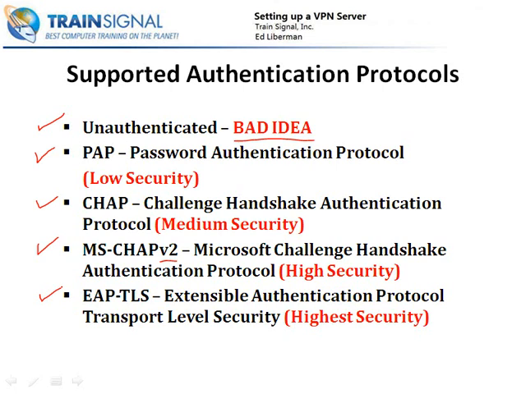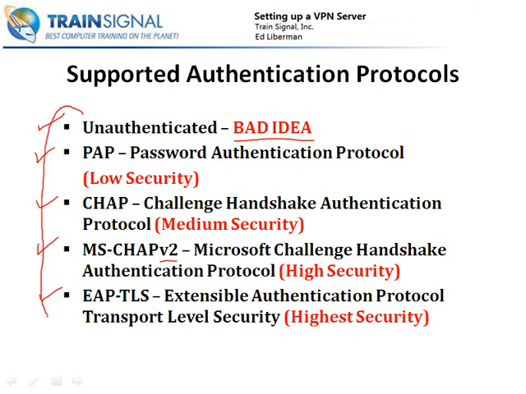So anyway, Windows Server 2008 VPN servers can support pretty much any common authentication protocol we have out there, ranging all the way from we'll let anybody in to the absolute security with a token or a smart card. The other thing I will tell you, and I'll show you this when we get to the interface, is that these are basically checkboxes.